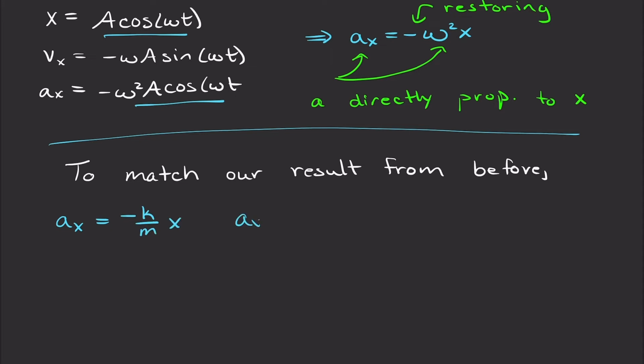And now we have the acceleration equal to minus omega squared times x. So for these to be the same, omega squared must equal k over m. If you just set these two equal to each other, the x's go away, the minus signs go away because they're on both sides, and that gives you omega equal to the square root of k over m.